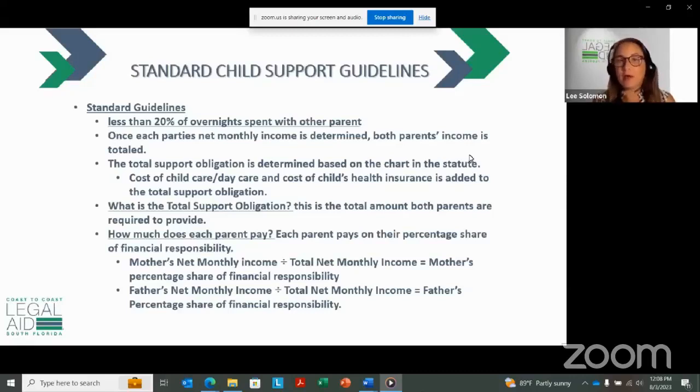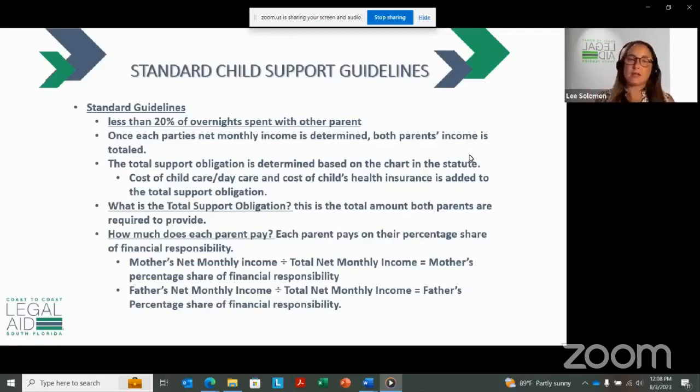How do you figure out, though, how much each parent has to pay? You then need to figure out what each parent's percentage share of financial responsibility is for that total obligation. The way you would figure it out is you look at each parent's net monthly income and divide it by the total net monthly income for both parties. So for example, if you have a mother who's earning $2,000 a month and a father who's earning $2,000 a month, their total net monthly income is $4,000.